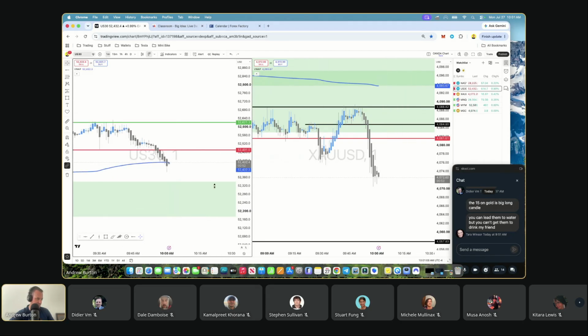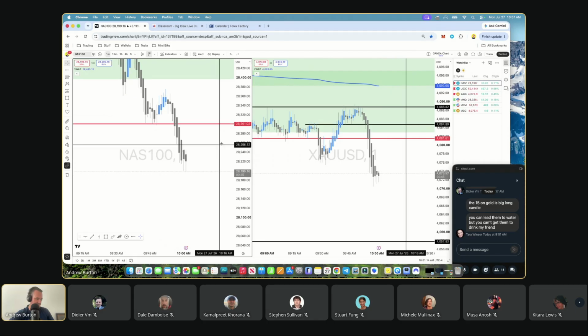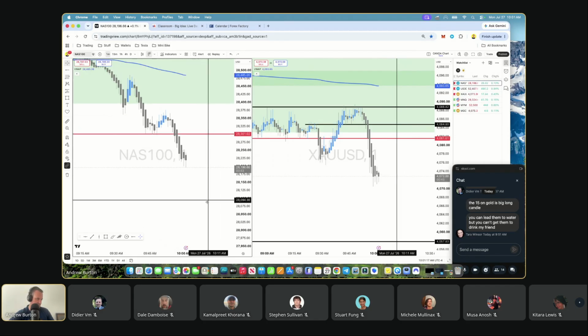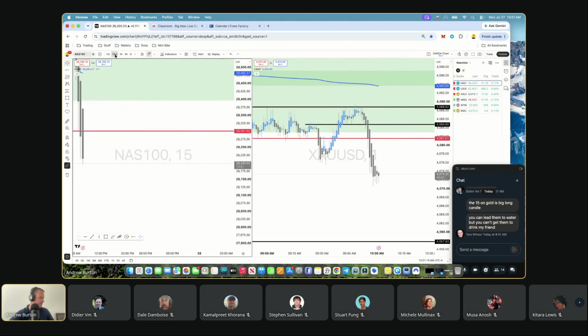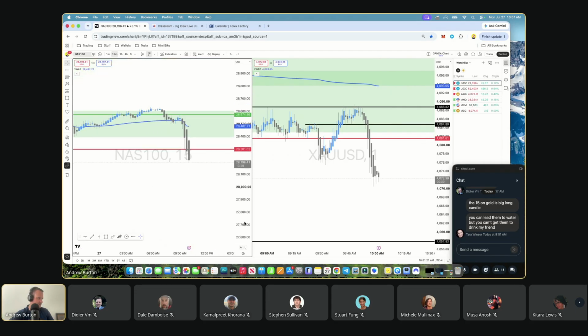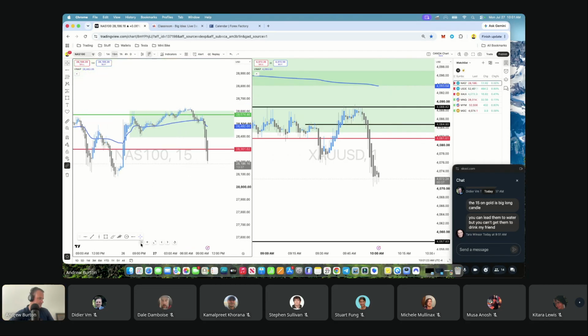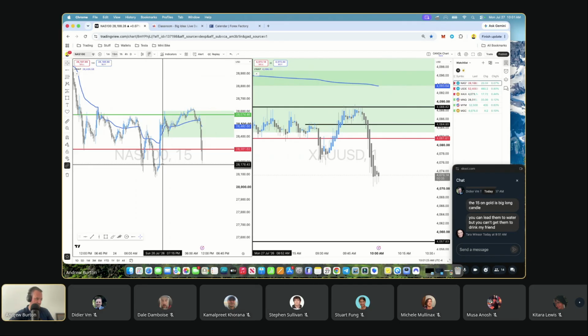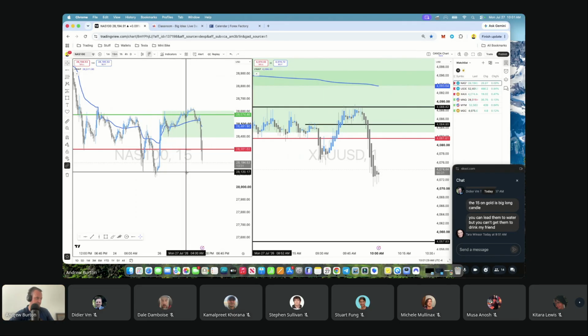I think we're going to have a bit of a pullback. Right now, we're back to the VWAP with US30. The Nasdaq is the only one that looks like it might have a continuation. And if we look at the 15-minute chart, it's at its point where it could turn back up now. See this here, right? Okay.